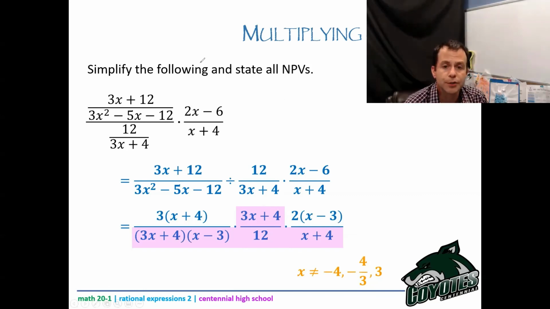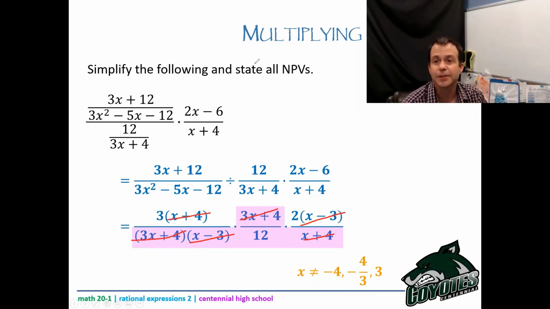Now I'm ready to divide out common binomials that are on the top and on the bottom. So 3x plus 4 would divide out. X minus 3 would divide out. Whoops, did you see what I did there? That was silly. Let's just take that away and say x minus 3 is divide out. Okay, then my x plus 4 is divide out.